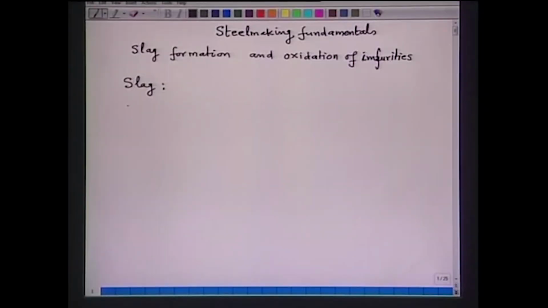Now, why does it form a separate phase? The reason is very simple.